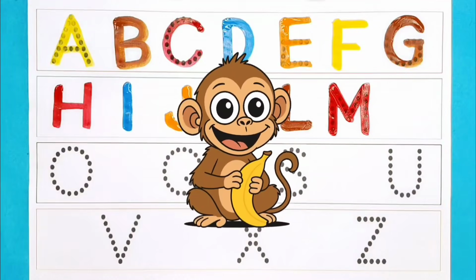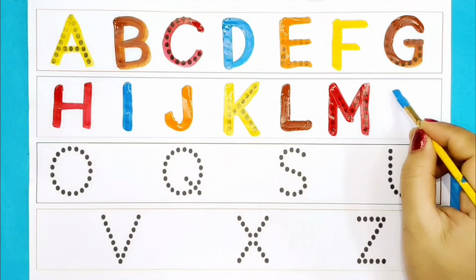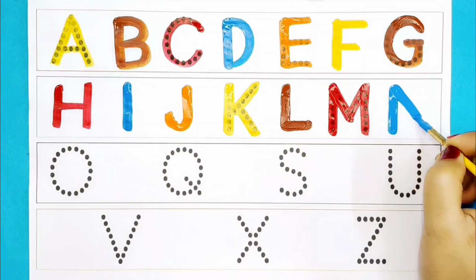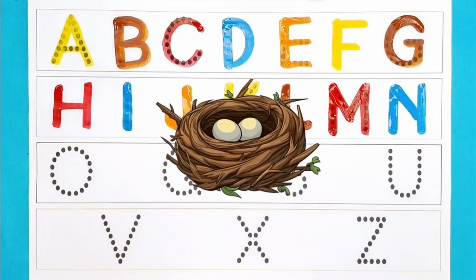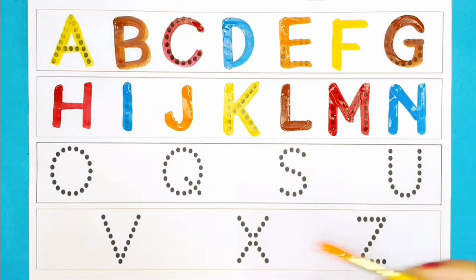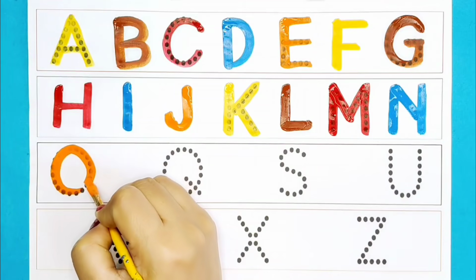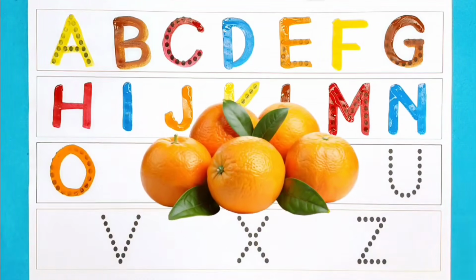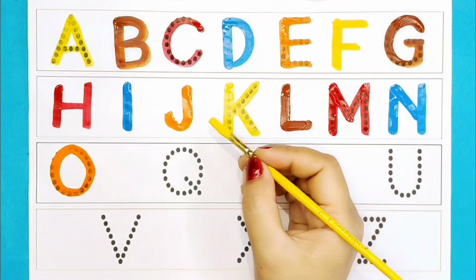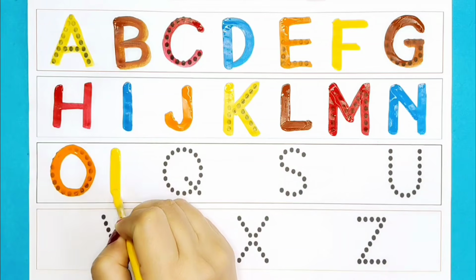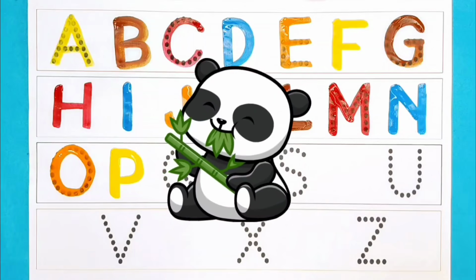M. M for monkey. Sky blue color. N. N for nest. Orange color. O. O for orange. Yellow color. P. P for panda.